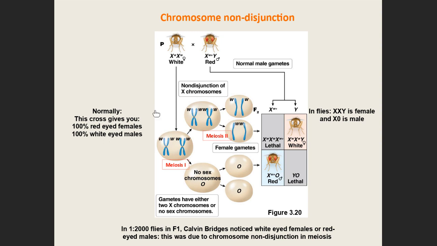So you understand how in this cross, the great majority of progeny are red-eyed females and white-eyed males. But here's what can happen in one in a few thousand meiotic events. And this can happen in the male or the female germline, but in this particular case, we're going to consider the female germline. There can be a chromosome non-disjunction in meiosis 1, meaning the homologs, as you know, pair in meiosis 1.